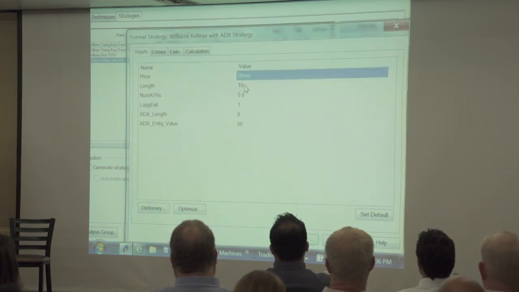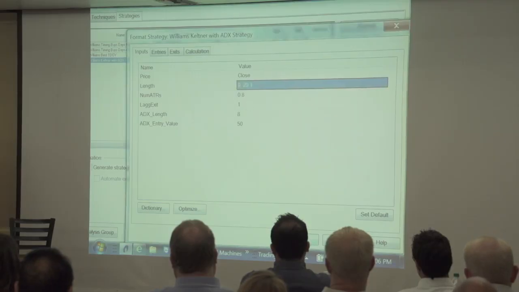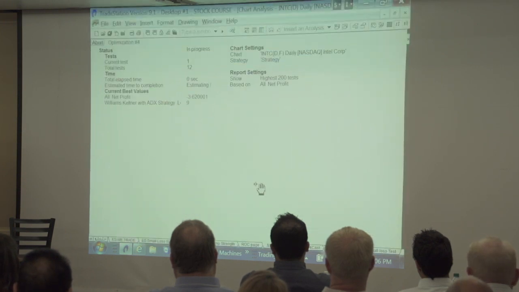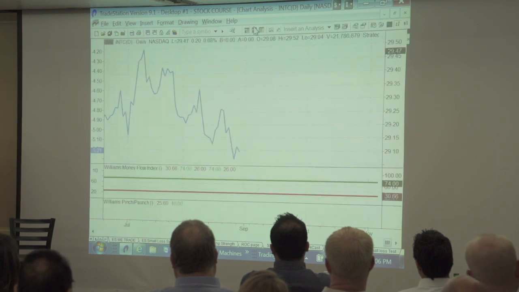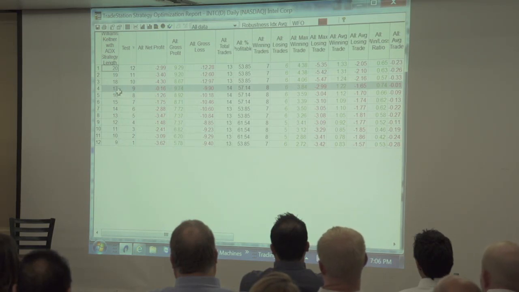I'm using an 18-bar Keltner band. You know what? Let's just see if that's really the best. We'll go from 9 to 20 days. Is that the time frame that the market's working in? I don't know. Can I find a better time frame? Probably can. So you can customize this to your stock. And here, the Keltner band looks like about a 17 bar has been the best with gross profits.